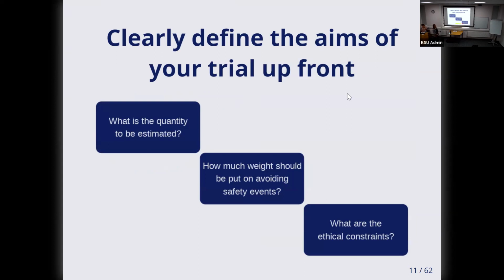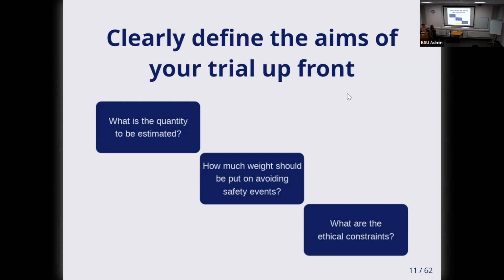By that, I mean things like there might be limits on how much we can skip doses between, or how much we can increase the dose between cohorts, whether we can skip doses that we've got available. And also things like when we come to the end of the study and we're choosing the dose to recommend as a maximum tolerated dose, do we have some requirement that we've given it to a certain number of people during the trial?